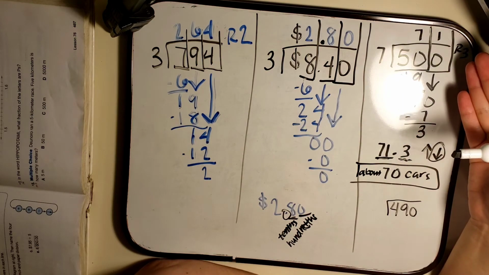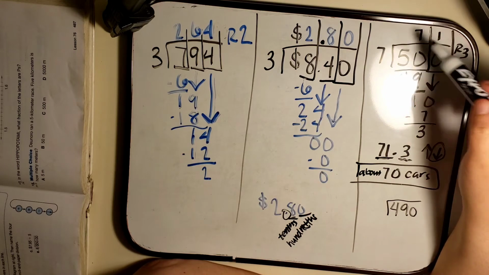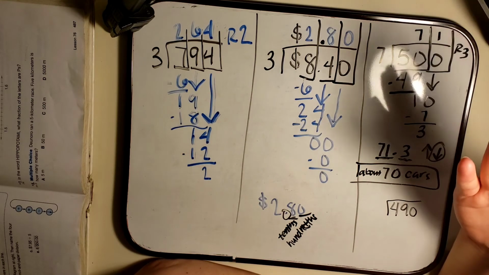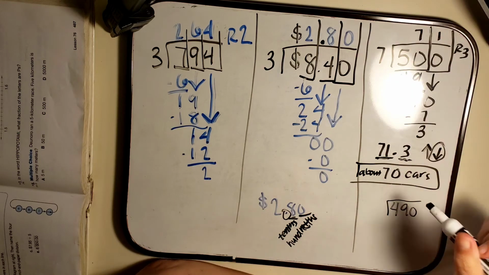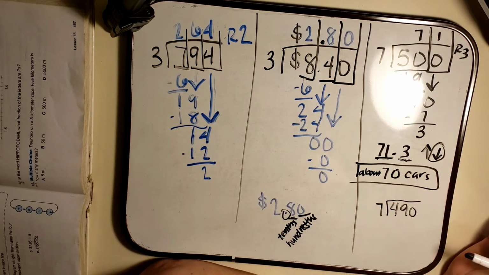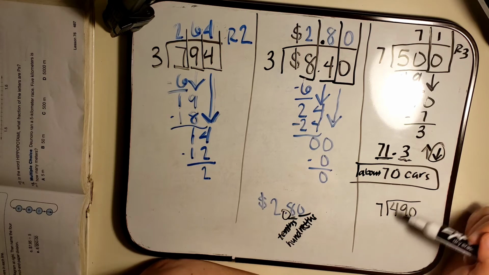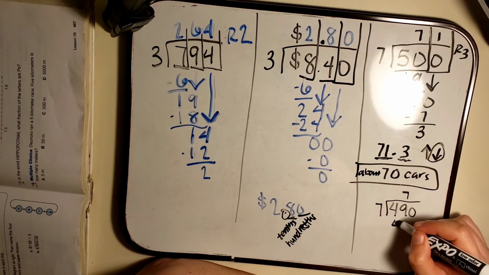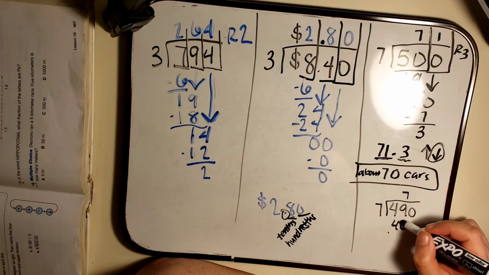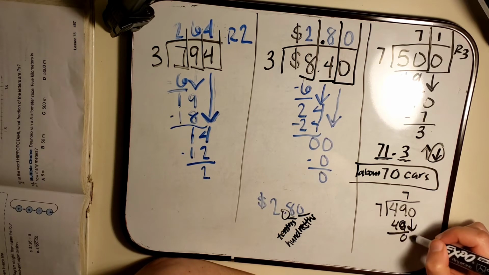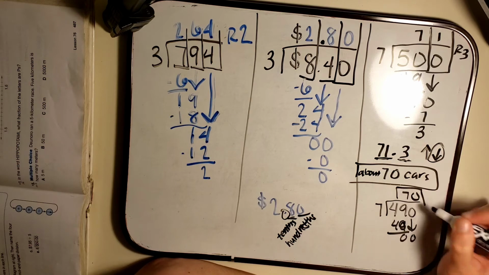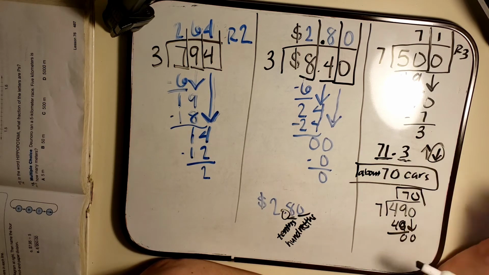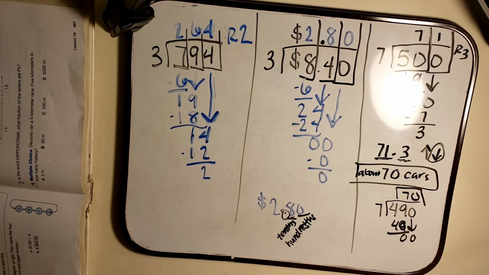That seems the most accurate to me. And if you don't know your multiplication tables very well, it doesn't seem foolproof to me. So I don't really care for this version, but you could just say 7 goes into 49 7 times, 0, and then you have 70. I like to figure out the exact answer and then round because I think we get the closer answer.